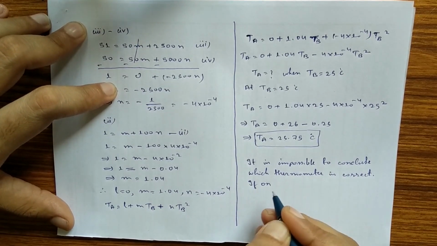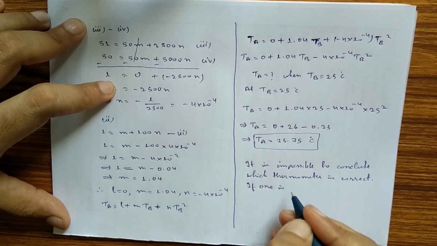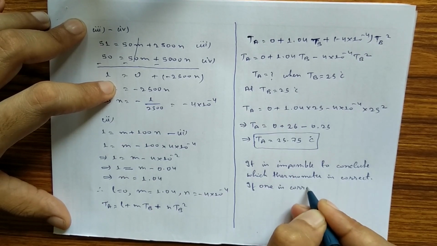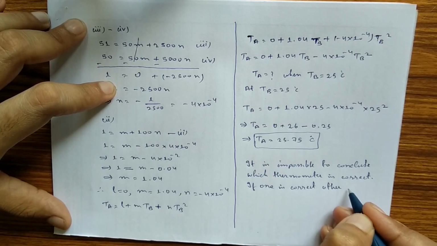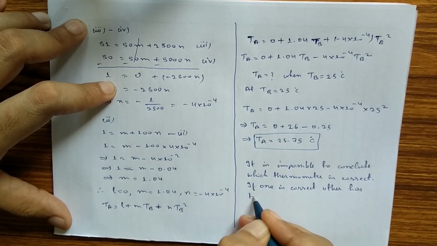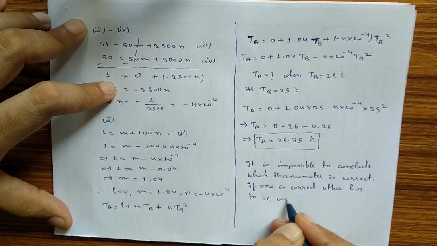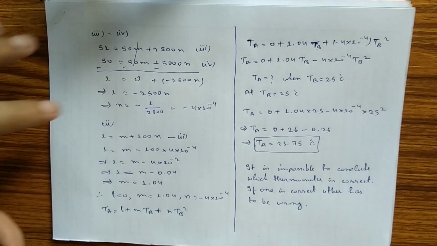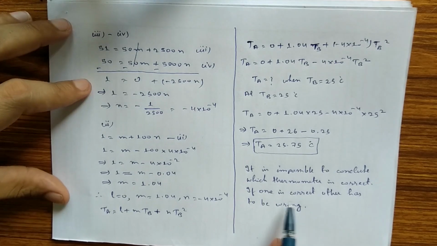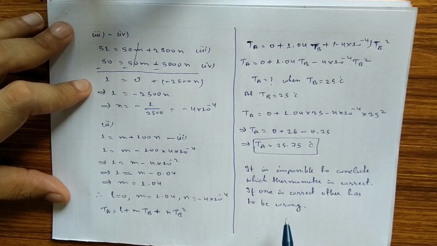If one is correct, the other has to be wrong. So it is impossible to conclude which thermometer is correct, and if one is correct, the other has to be wrong.